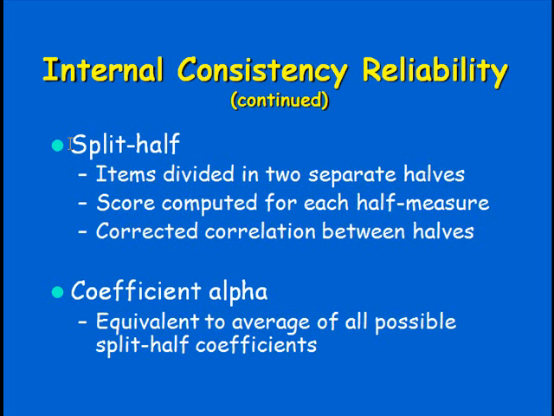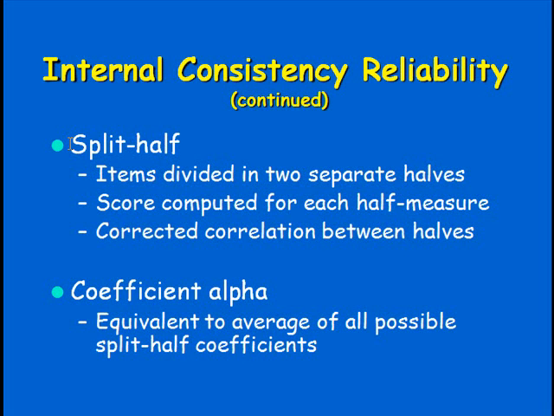So items 1 through 5, and then items 6 through 10. We calculate the score from 1 through 5, and the score from 6 through 10 for these 50 people. So the score is computed for each half measure, and we do a correlation between those halves. And that's how we would calculate whether or not we had internal consistency.